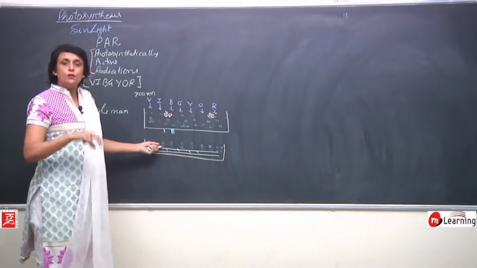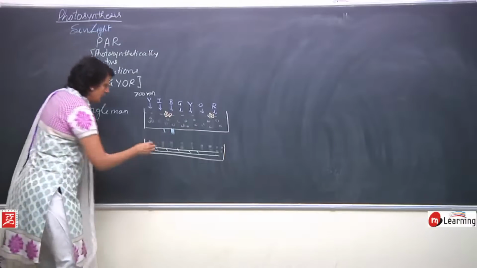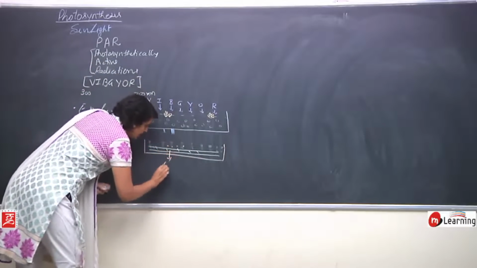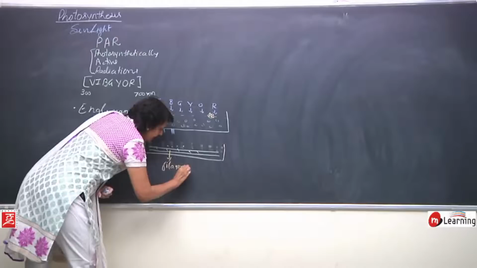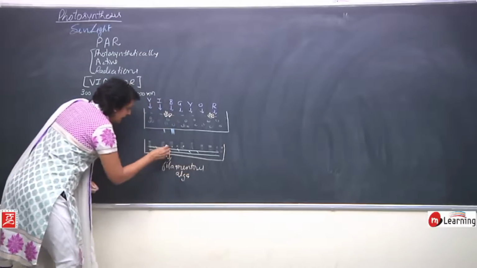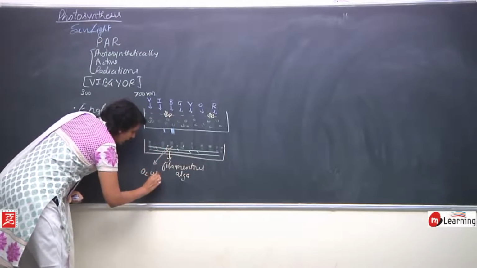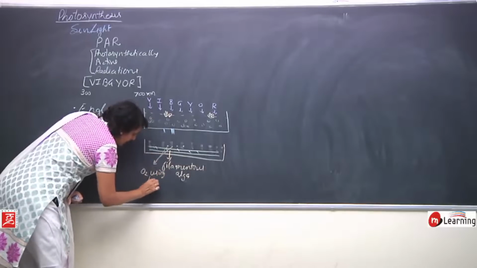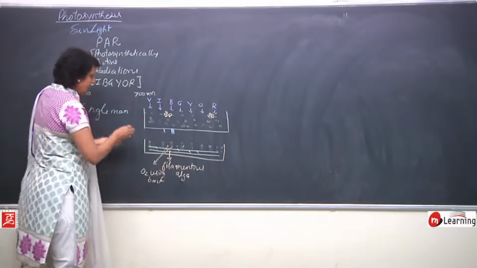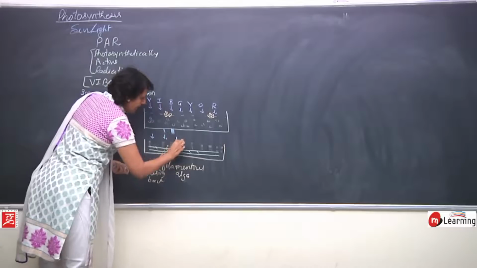The bacteria kept in this water were aerobic bacteria, that is, oxygen-using bacteria. Again, the same thing: this filamentous alga was exposed to different wavelengths.